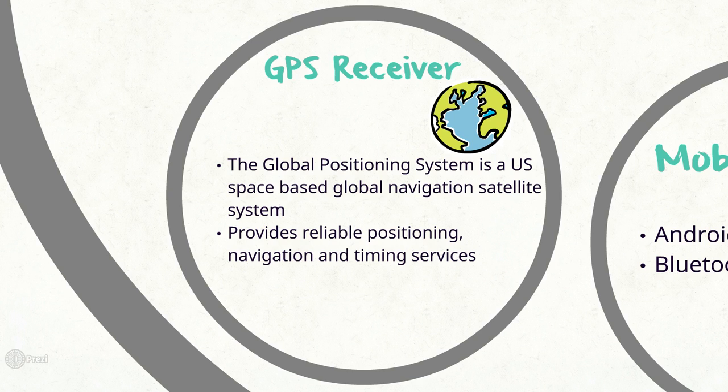GPS consists of three major parts. It contains 24 to 32 satellites orbiting the Earth, 4 control and monitoring stations on Earth, and GPS receivers owned by the users. GPS satellites broadcast signals from space that are used by the GPS receivers to provide three-dimensional location data like latitude, longitude, and altitude, along with time.